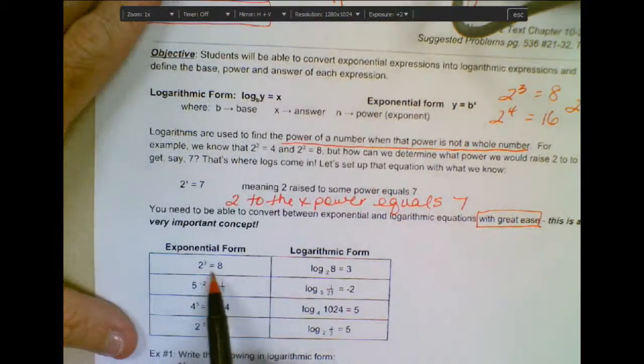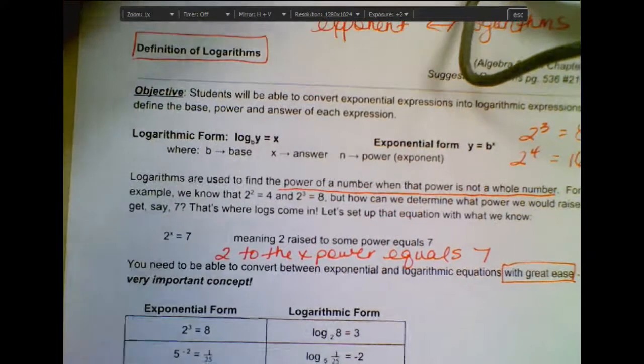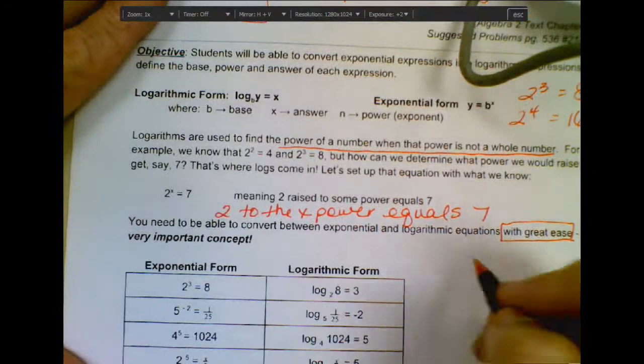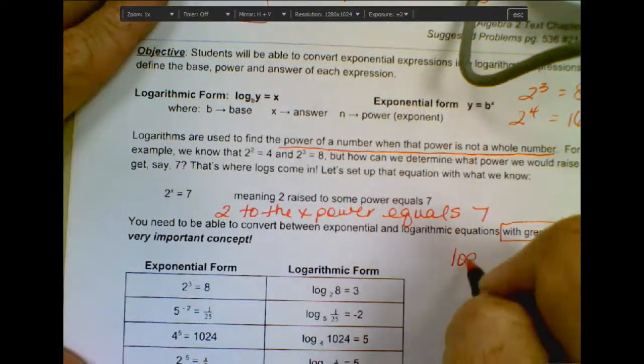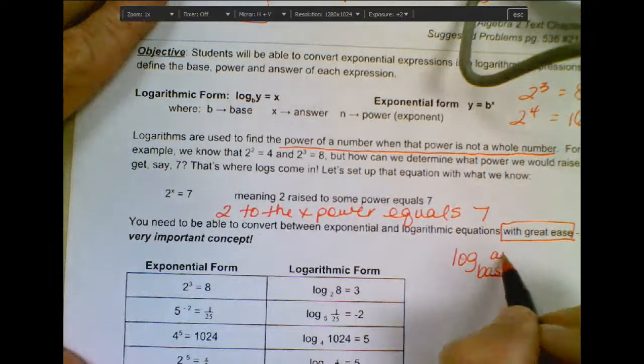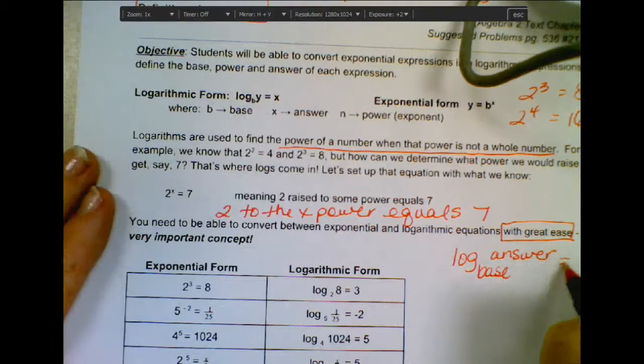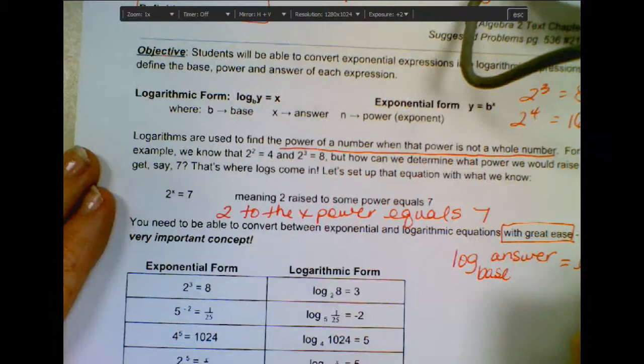So, if we're going to convert the first one, let's take 2 to the third equals 8. The standard form for a logarithm is the log, you have the base below the line, the answer above it next to log, equals your exponent.